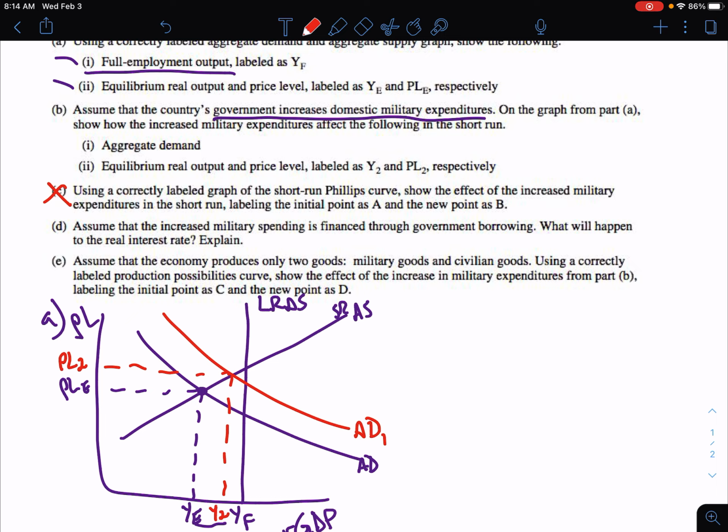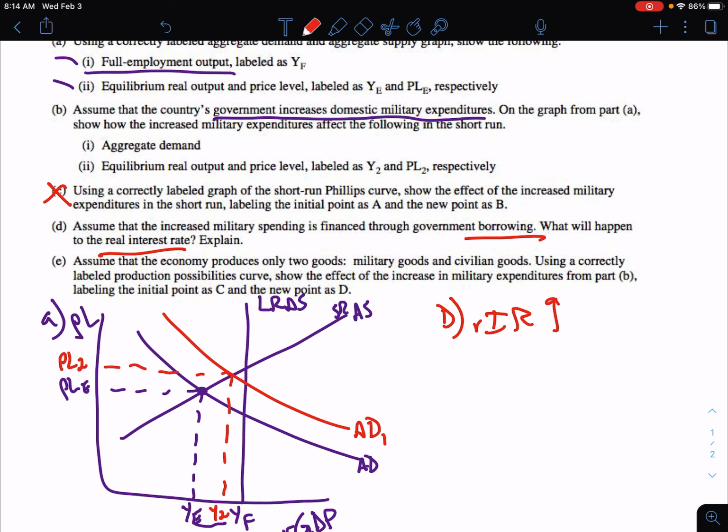Assume that the increased military spending is financed through government borrowing. So government borrowing is the idea of what will happen to the real interest rate. We haven't specifically studied the loanable funds market yet either, but I asked you to take an educated guess here. So you can imagine if everybody wants money to borrow, including the government, and then the government wants more because they're financing this big military spending plan, then the interest rate will rise.